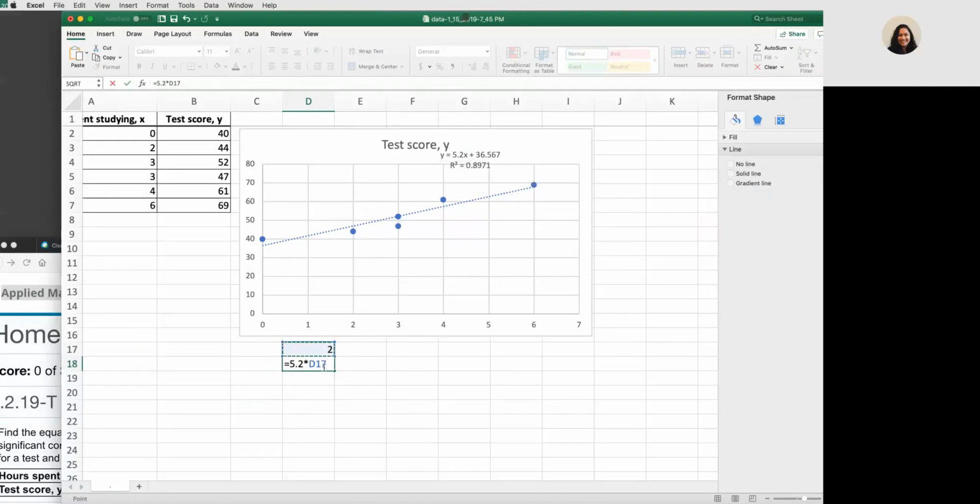Plus 36.57, since that's the number we put in our regression line in the homework. So that's exactly what this says: 5.2 times the x value, and the first x value they gave us was 2, and I put 2 in this box, plus 36.57. Then when I hit equals, I get the answer, 46.97.